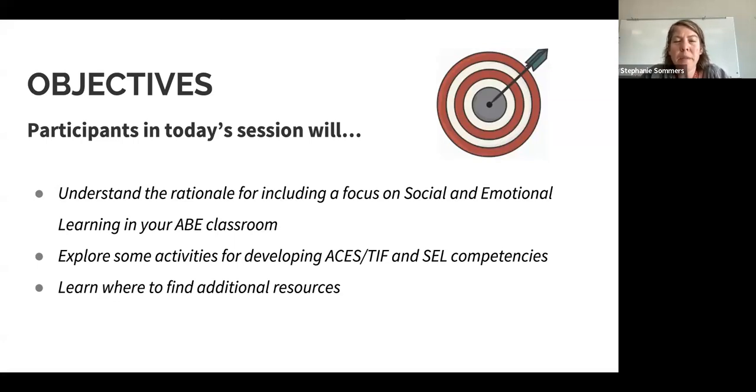Then we'll spend a lot of time exploring activities that will work to develop both sets of competencies, ACES TIF and social and emotional learning. And then we'll spend some time at the end talking about some resources and how you might be able to use those with your learners, okay?